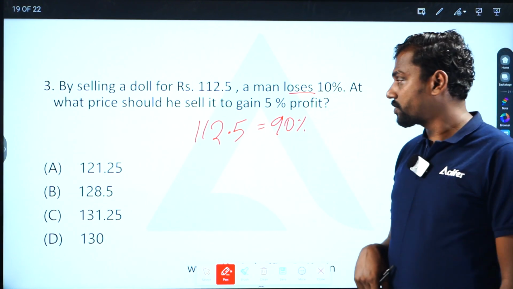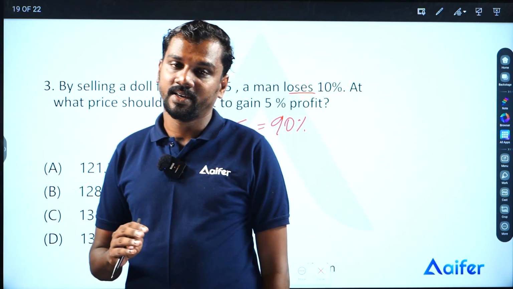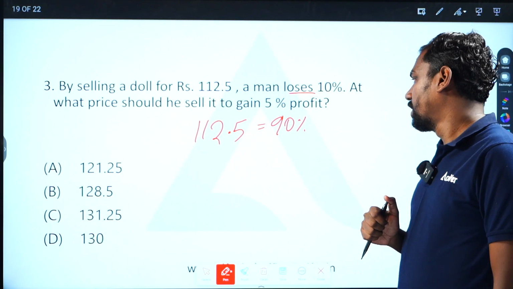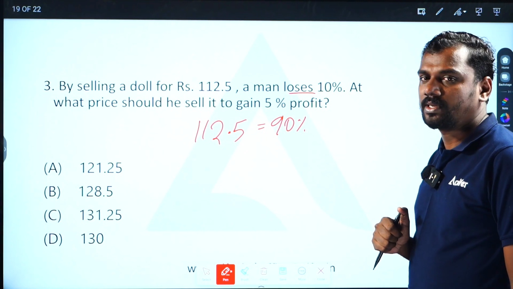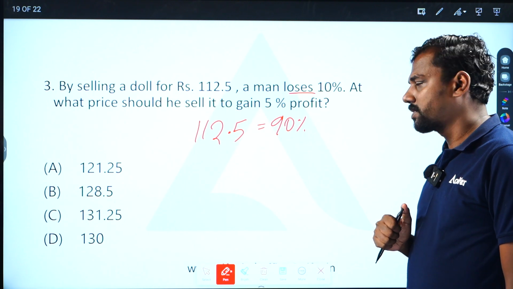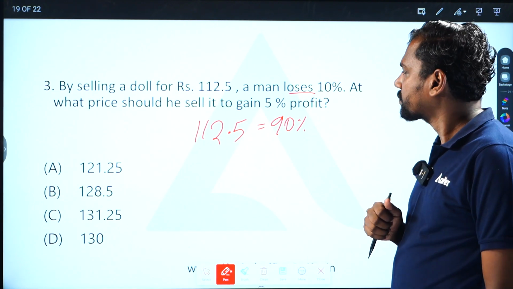When we say he has a loss of 10%, we can say it's 90%. So we have 112.5 is equal to 90%.